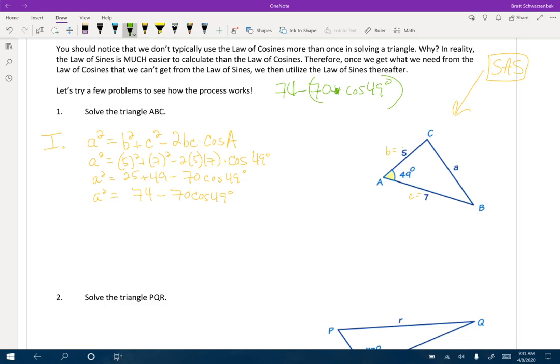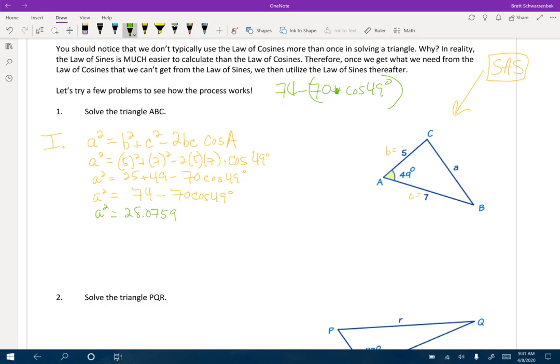What you want to do is make sure your calculator is in degrees, as normal. Then type into the calculator 74 minus 70 times the cosine of 49 with the proper parentheses, and you are going to get that a squared is equal to 28.0759.